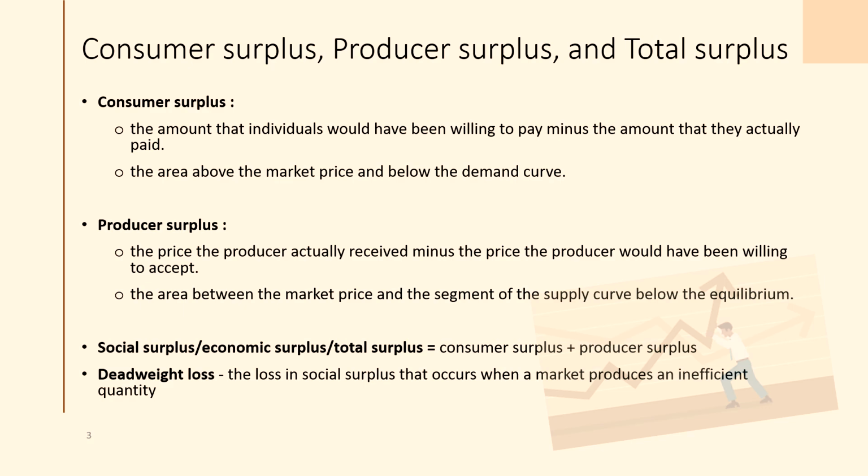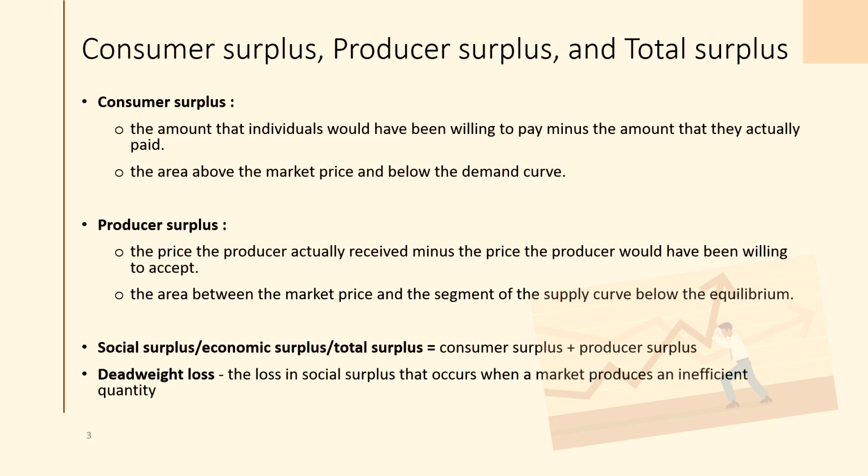Okay, now let's talk about three key concepts. First, consumer surplus. Consumer surplus is the difference between what consumers are willing to pay and what they actually pay. Graphically, it is the area above the market price and below the demand curve. Second, producer surplus. Producer surplus is the difference between the price producers receive and the minimum price they are willing to accept.